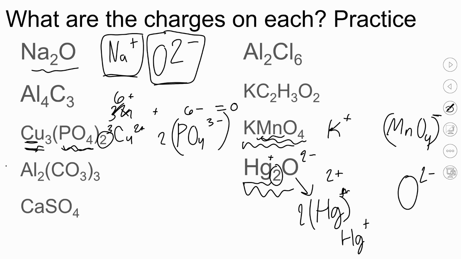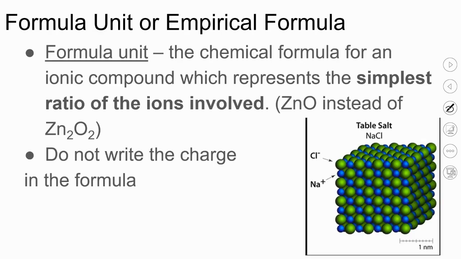That'll add up to 0. Oh, now I think I just got it. We're adding up to 0. Let's say Na2, then yeah, they have to balance. Okay, we're doing all right? And you will practice this on Alex too, so if you come across that, you can ask too.